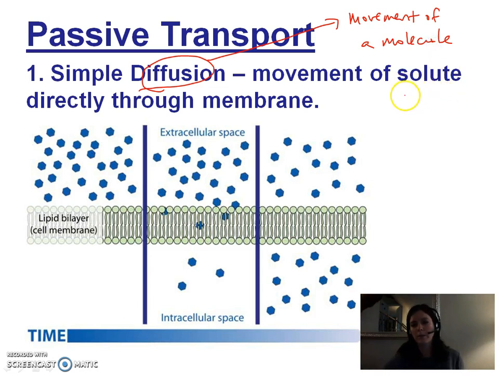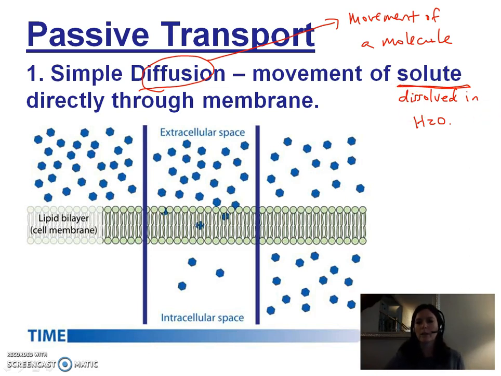Solute molecule means something that's dissolved in water. We need to specify solute because in a little bit we'll talk about the movement of water molecules themselves. That's something totally different. But the movement of a solute is referred to as diffusion. And this is going to be the movement of a solute through a membrane.